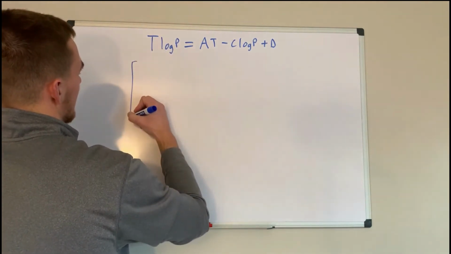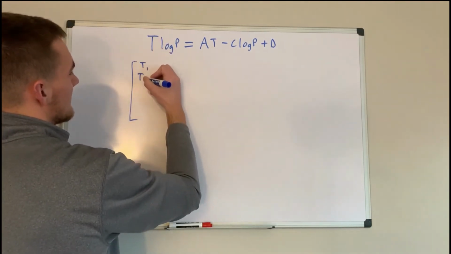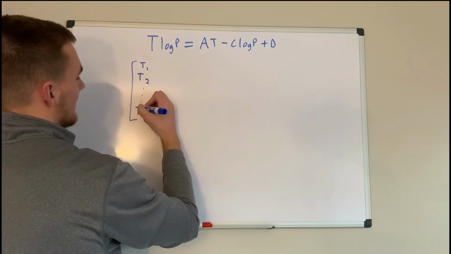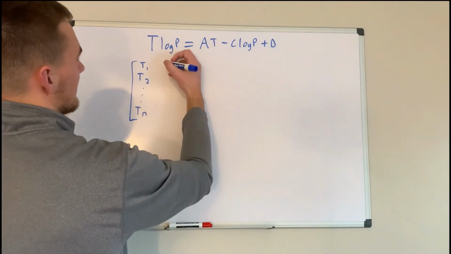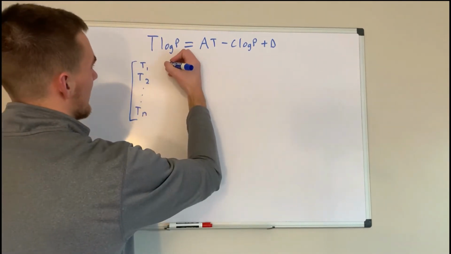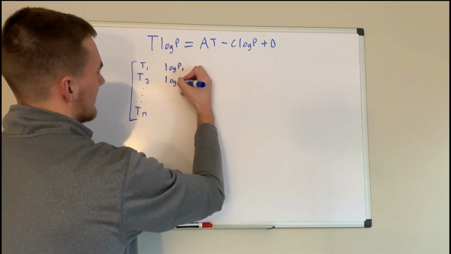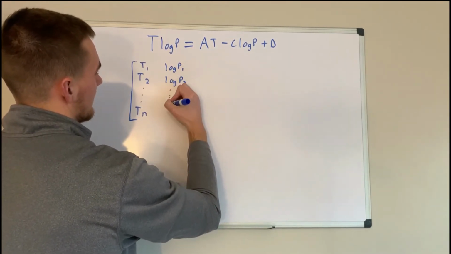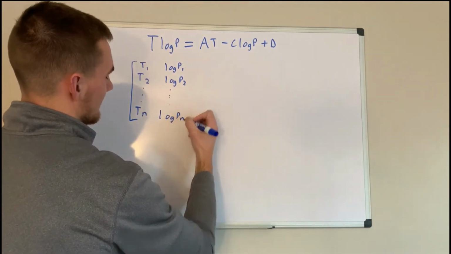So we'll have our temperature values, so T1, T2, all the way down to our last temperature value, Tn. Like I said, the second column will be our vapor pressure values, and we'll have to take the log of that. So it'll be log of P1, log of P2, all the way down to our last vapor pressure value, log of Pn.